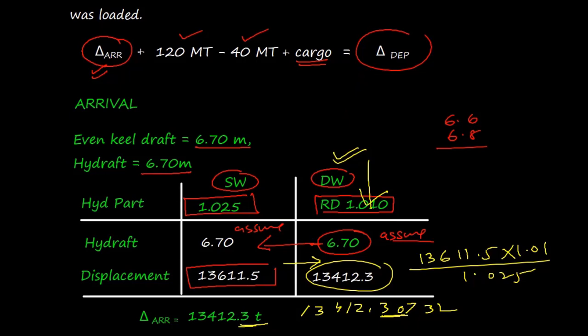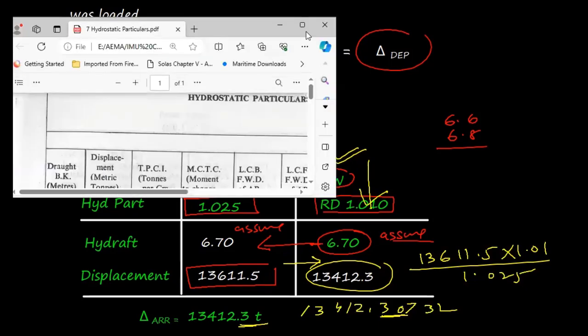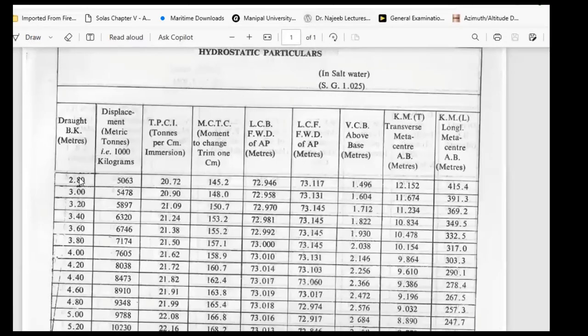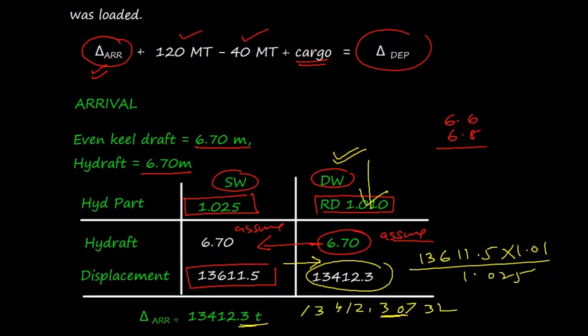Now look at these particulars. You will get the idea. My recommendation is you should go for these digits only. Like draft, 2 digits of decimal. TPC, 2 places. MCTC, 0.1, 0.2. So accordingly, you try to round off the final answer. LCB, 3 places. LCF, 3 places. So no confusion.